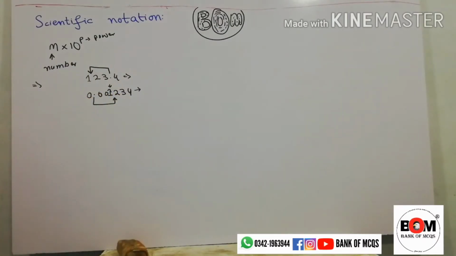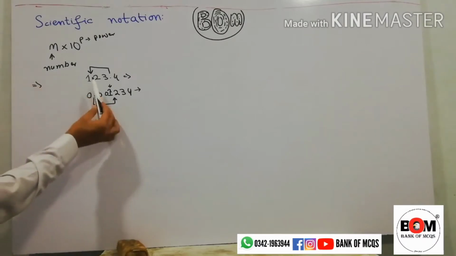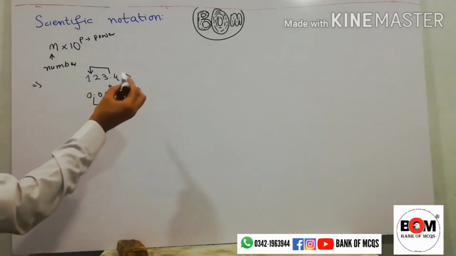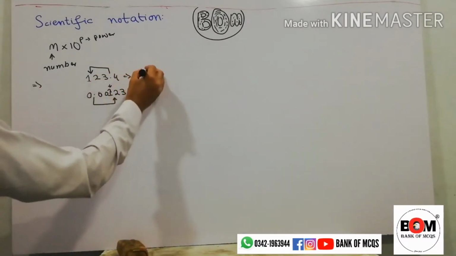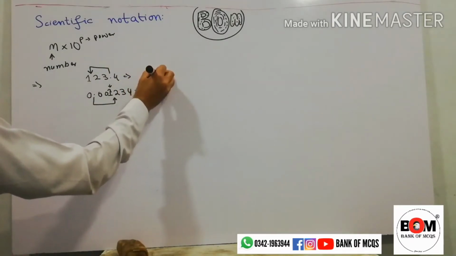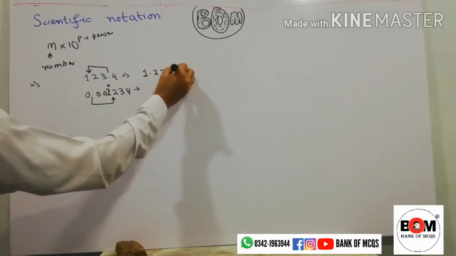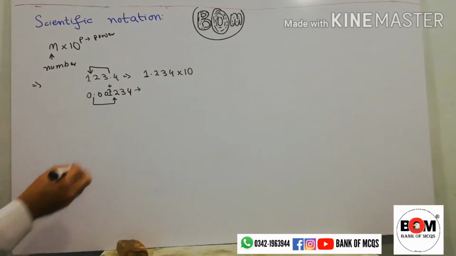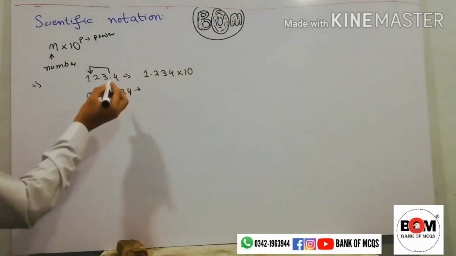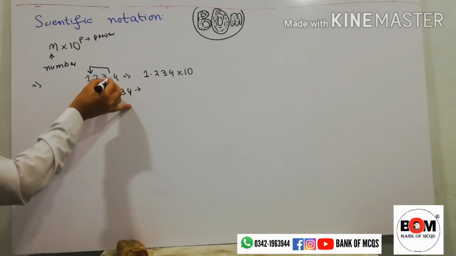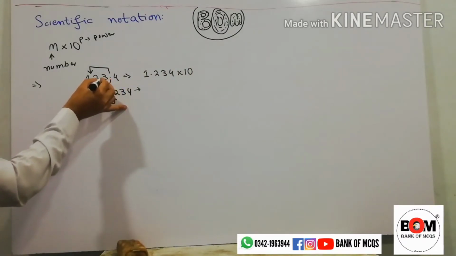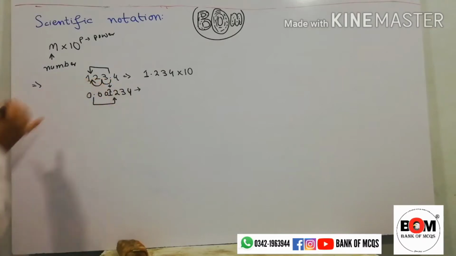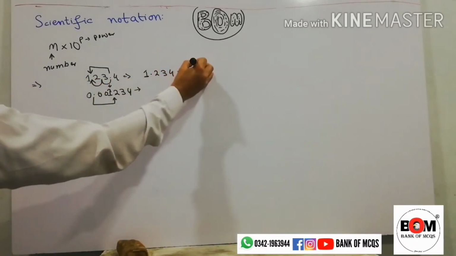So the number 123.4 should be written in the form 1.234 multiplied by 10 to the power. Now what will be the value of the power? The value of the power depends on the movement of the decimal. Here the decimal moved over two numbers, so the power will be 2.